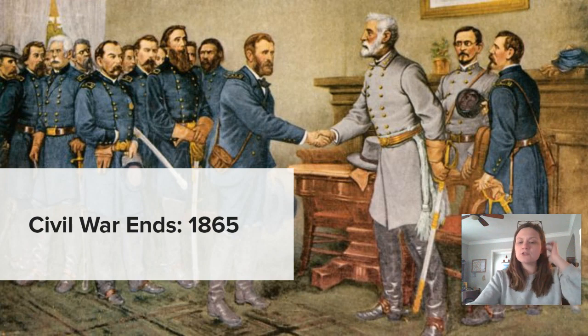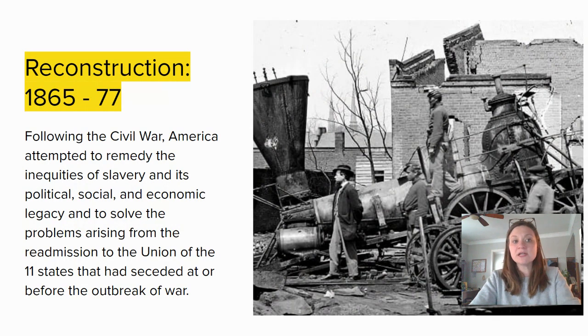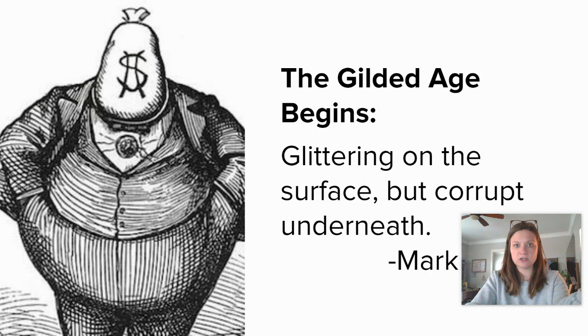All right. So this is also turn of the century, which means that we have Reconstruction happening at the same time that we have the Gilded Age happening. Reconstruction was 1865 to 77, and this is the time when we were reconstructing the country, figuring out how to rebuild after this incredibly divisive event in our history.